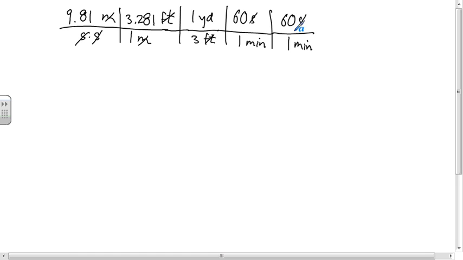And now if you look at what units are left, you have yards on top and minutes times minutes on the bottom. 9.81 times 60 divided by 3 gives you 38,640 yards over minutes times minutes, and I'll just write that now again as minutes squared. Any questions about that?